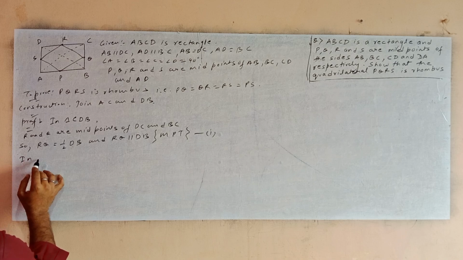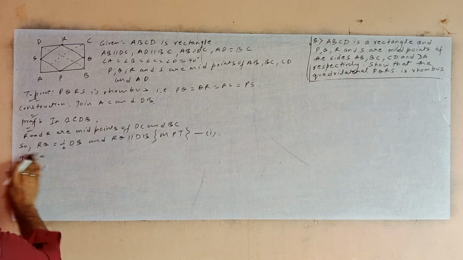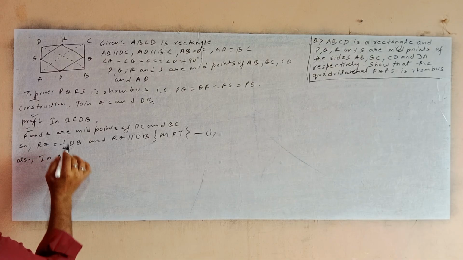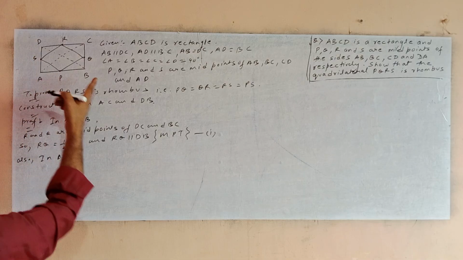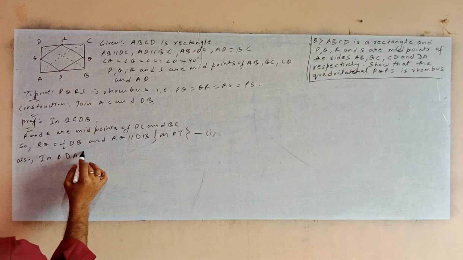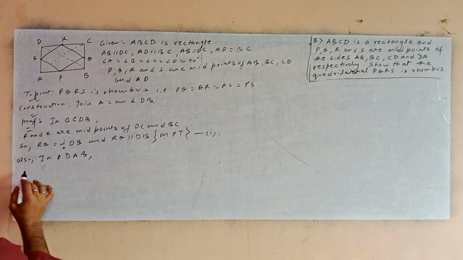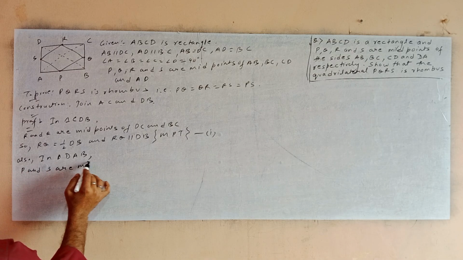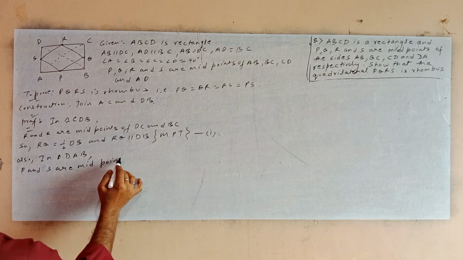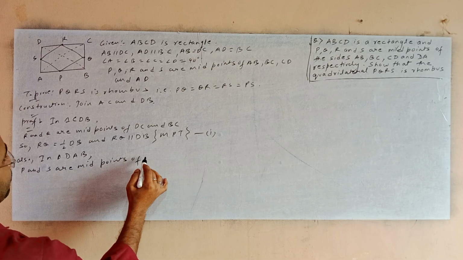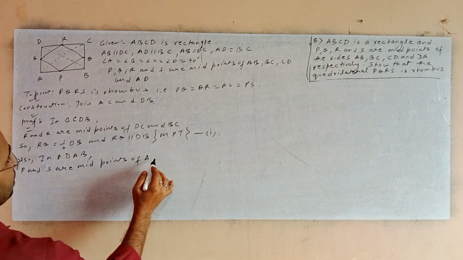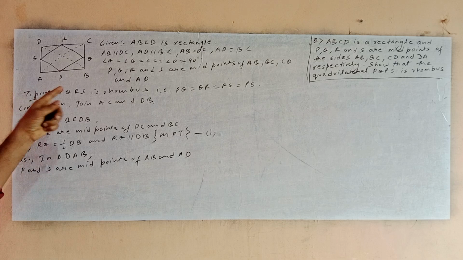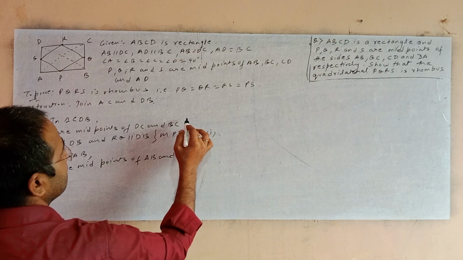Also, in triangle DAB, P and S are midpoints of AB and AD, and here write down given.